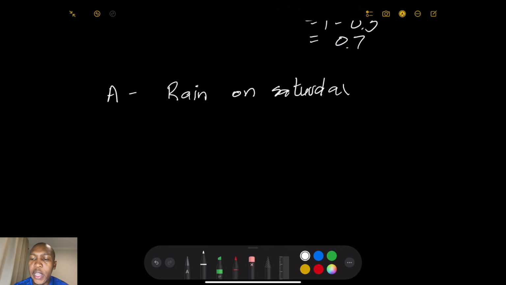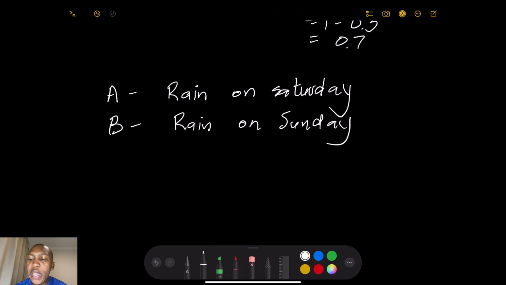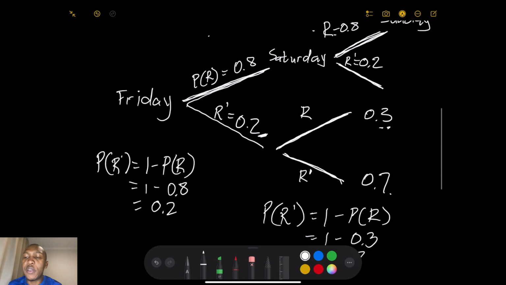I want to do that. Okay, and then let B be the chances of it raining on Sunday. So remember, we said that this is a Saturday. This is a Friday. Today is a Friday, and they told us that it's raining today. So it would be easy for us to represent this.